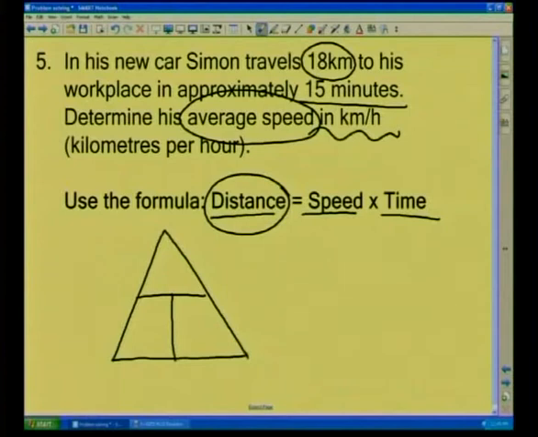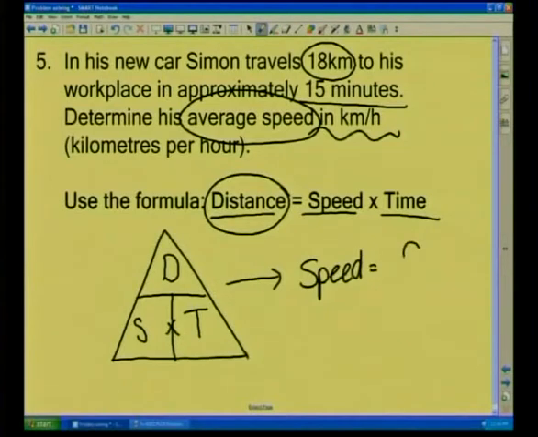This would be my speed, this would be my time, and my distance would have to be at the top. This means that I can rearrange this to be my speed is equal to distance divided by time. And then it works a little bit better.